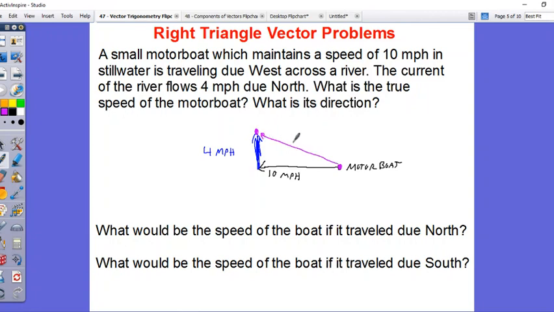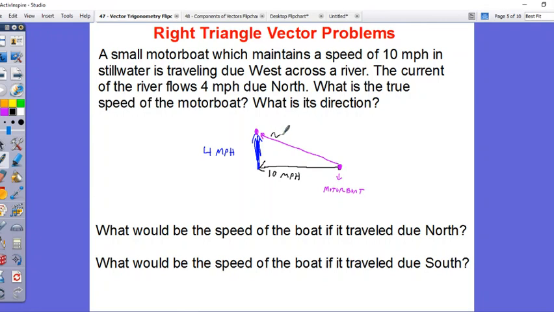Okay? And we have ourselves a right triangle. Let me change where I have this motorboat label here. So this is our starting point for our motorboat. Now, the speed is going to be the magnitude.